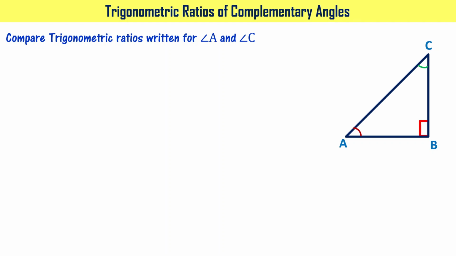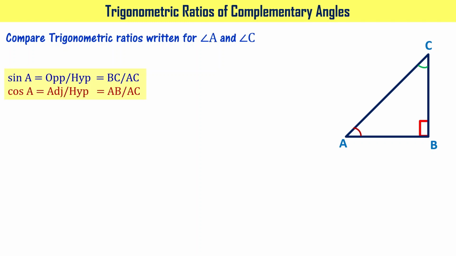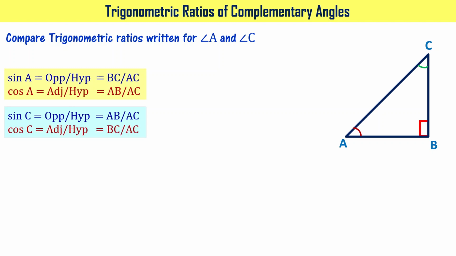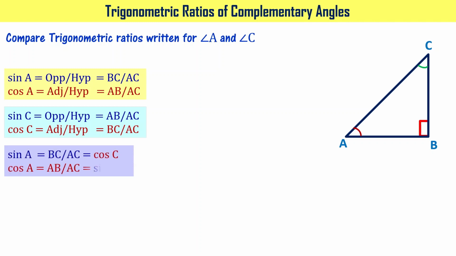Let's compare trigonometric ratios written for angle A and angle C such that we can get the relations of trigonometric ratios of complementary angles. Sin A is BC by AC, cos A is AB by AC, right? And sin C is AB by AC and cos C is BC by AC, right? Now if you compare these two, you can say that sin A equal to cos C and cos A equal to sin C, right?